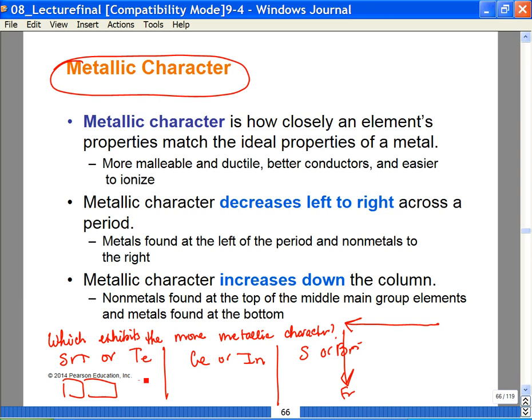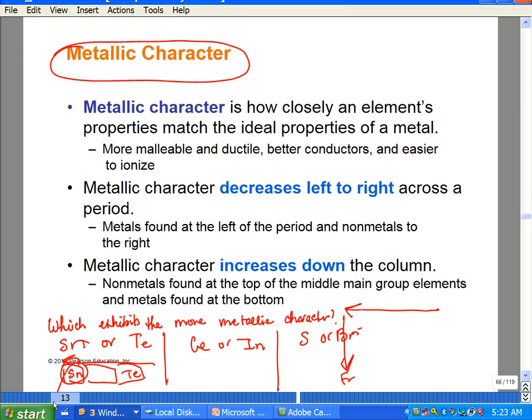So we get bigger as we go from this direction to this direction. So tin is the largest. Germanium and indium: we get bigger as we go this way and as we go this way. So indium is the obvious choice.